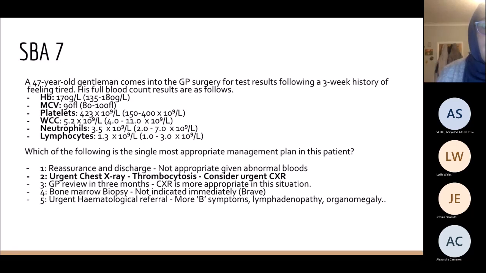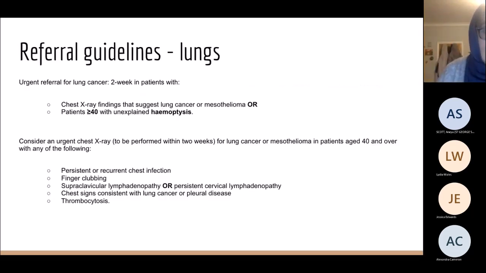Now, the specific guideline for an urgent chest X-ray under the 2-week referral for query cancers is someone who is over 40 and has either recurrent chest infections, finger clubbing, lymphadenopathies, either in the supraclavicular or cervical region, chest signs consistent with lung cancer, or thrombocytosis.